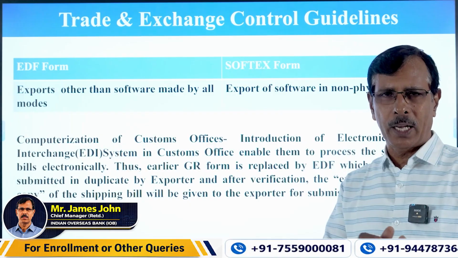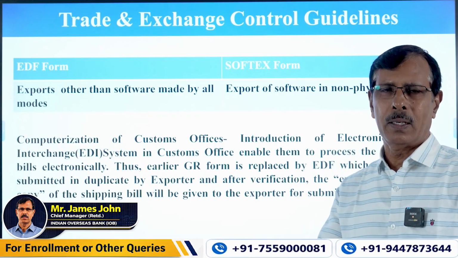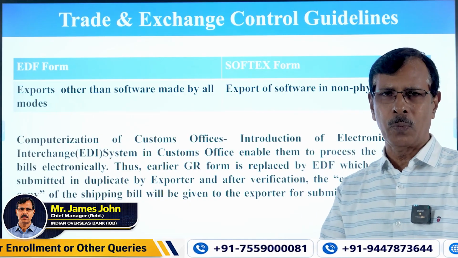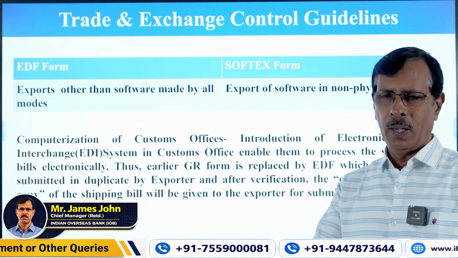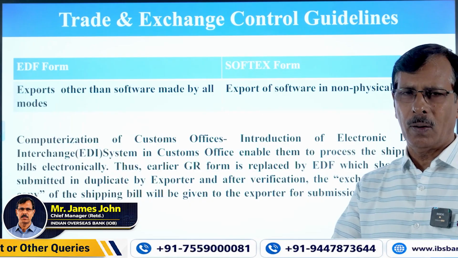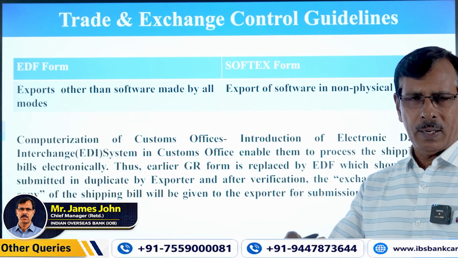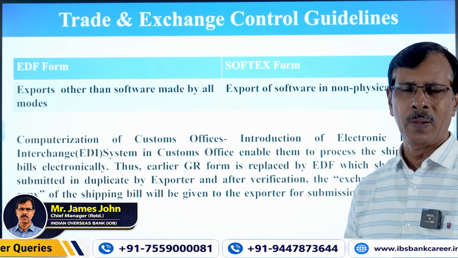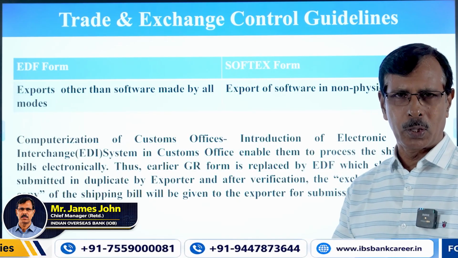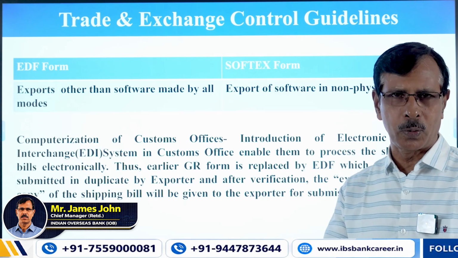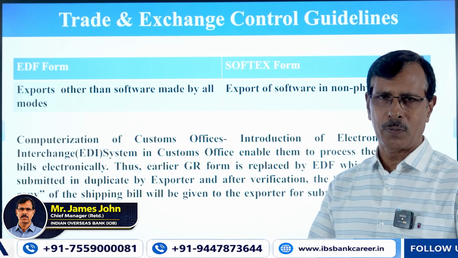Therefore, when an exporter makes a shipment, at that time they have to take the printout of this declaration form. It's a pre-printed format, all the details have to be fed in, and the system will generate the form in duplicate. Both copies have to be signed and handed over to the customs authority at the time of shipment.